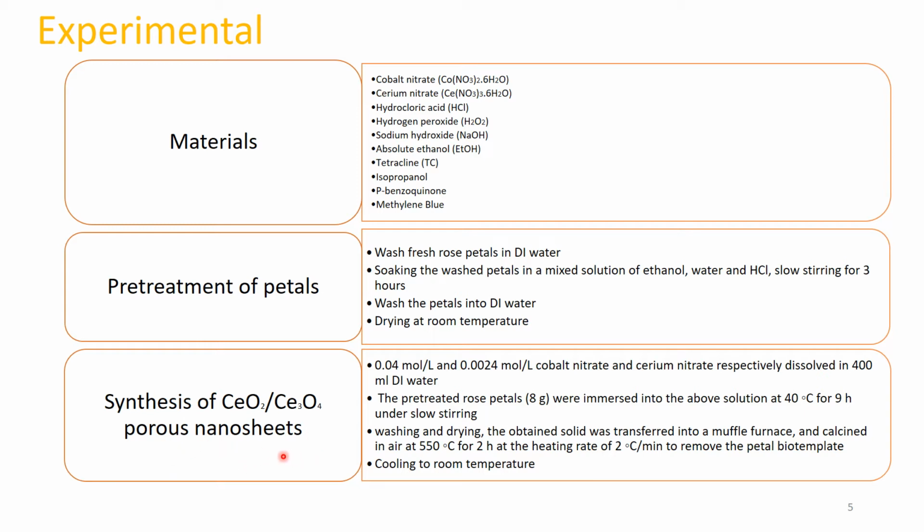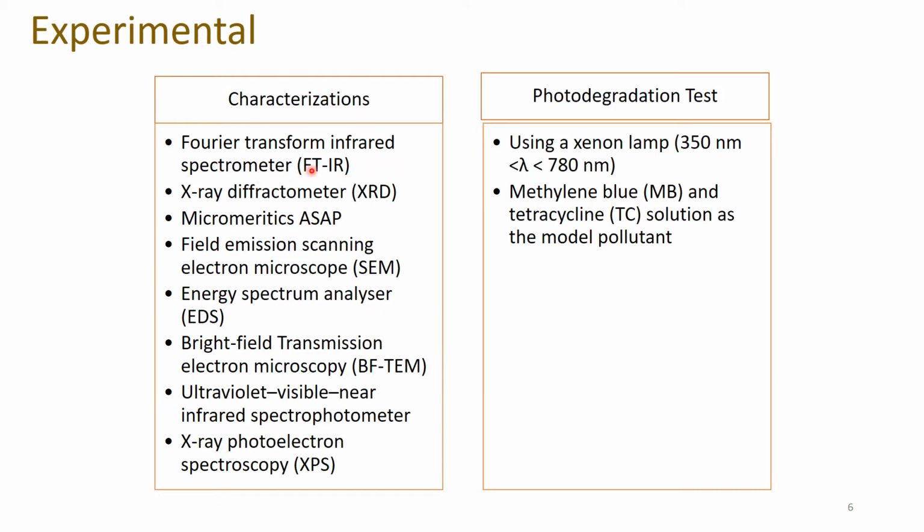After that, we have characterization with FTIR, XRD, ASAP, SEM, EDS, bright field TEM, ultraviolet visible near infrared spectrometer, and XPS. We also have photodegradation tests using a xenon lamp and methylene blue and tetracycline solution as the model of pollutant.